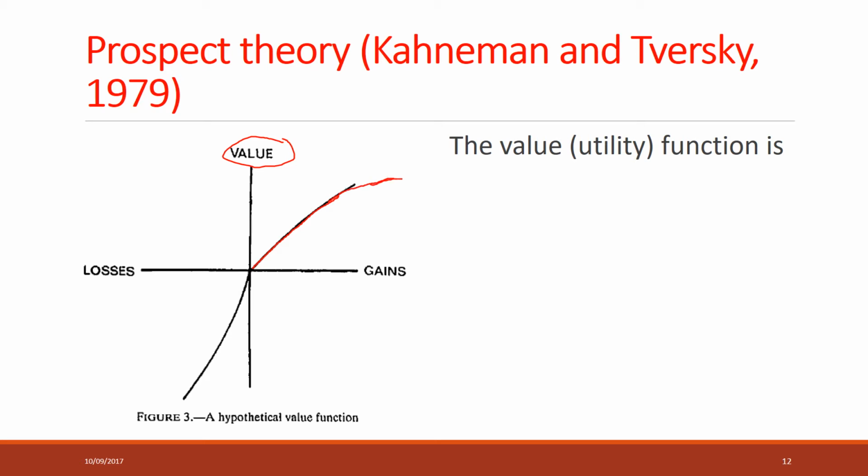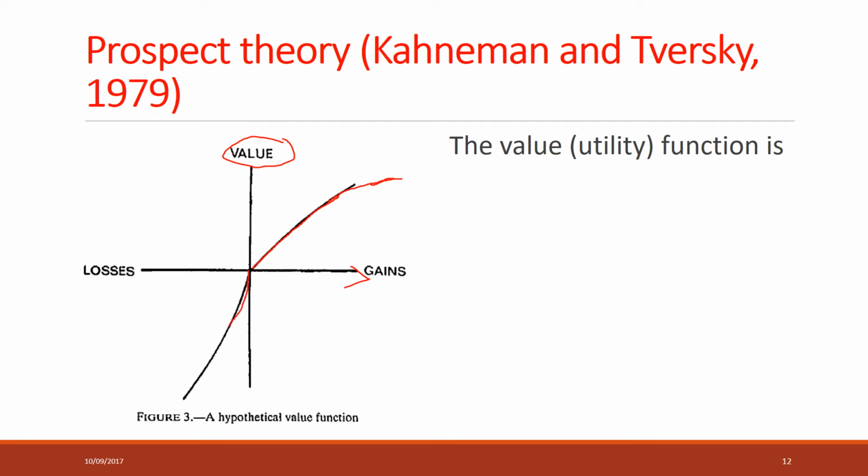So when we have gains, investors are facing a diminishing utility function, same as before. So they require higher return for an additional level of risk, right? So what this graph shows is that when we have gains, investors are risk averse, as the expected utility theory states.